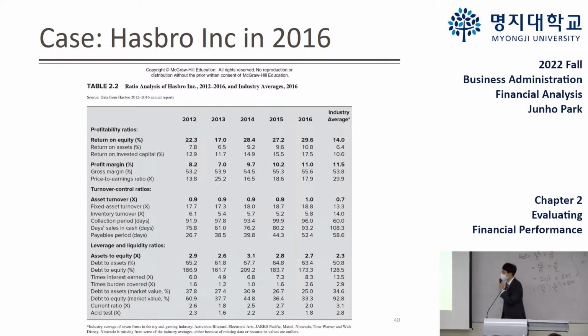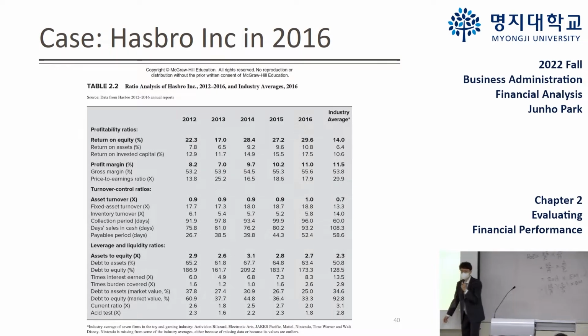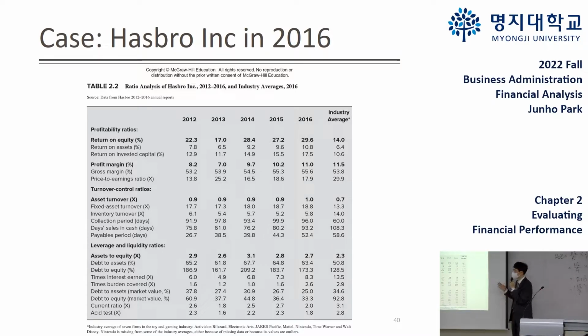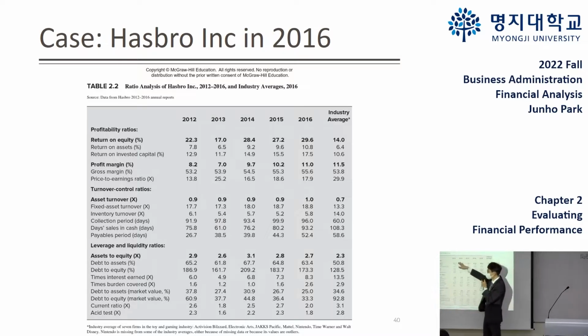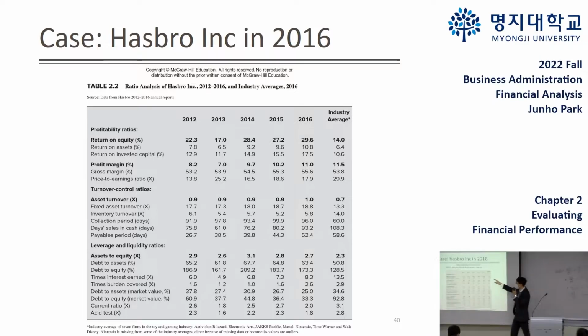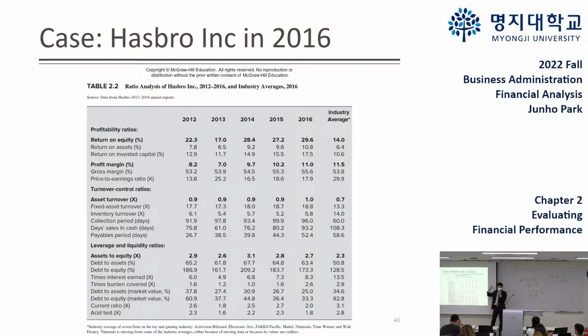So for Hasbro's case, the textbook provides us the financial ratios from 2012 to 2016, and for 2016, it also gives us the industry average, which is the average of the companies in the same industry as Hasbro.